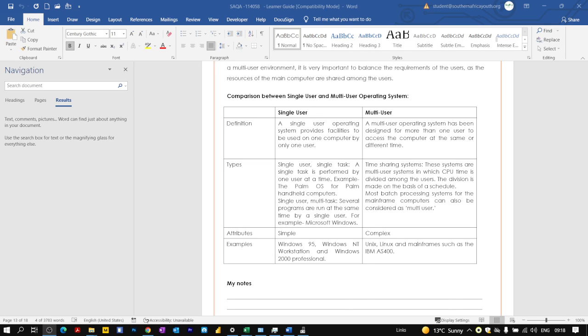And for multi-user, we've got Unix, Linux, and mainframes such as the IBM S427. We're talking about back then when computers were really big, literally could sit in a room. The computer itself would be as big as a room. That's what we mean by mainframe. Such computers were usually multi-user operating system setups.